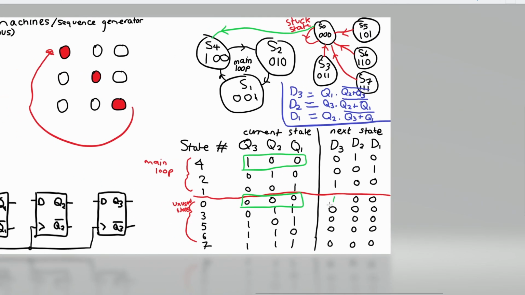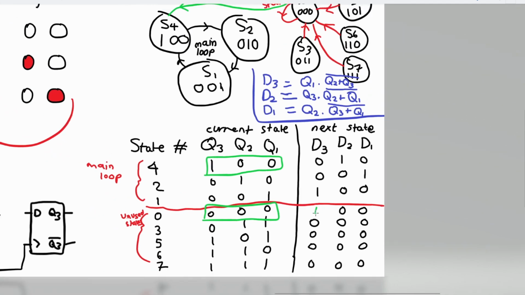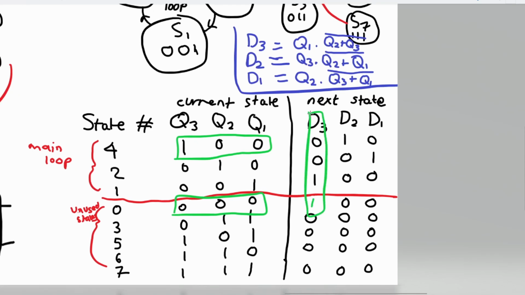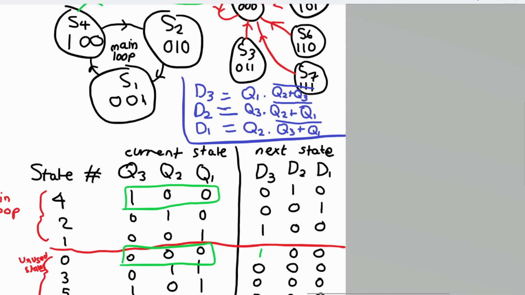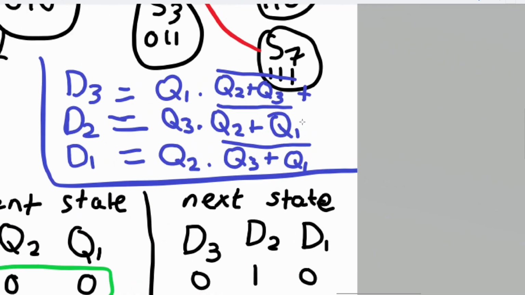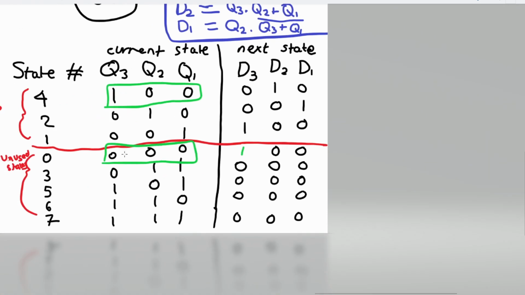So we have to add that to our logic. That's going to change our logic for D3. The way it changes that is it will be OR, let's do it in blue, OR NOR Q1, Q2, Q3, because it's going to be 0, 0, 0.